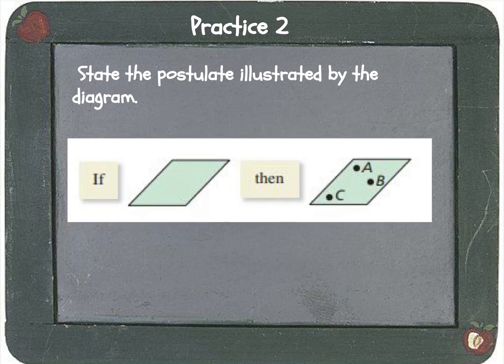State the postulate illustrated by the diagram. It has a very specific name. Not collinear. The 3-point postulate? We started with a plane. Then we went to points.